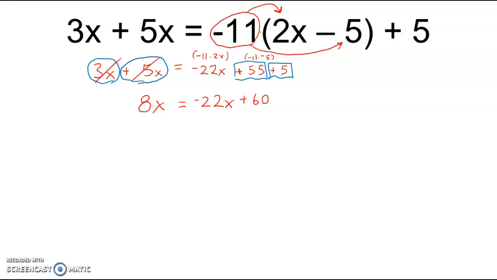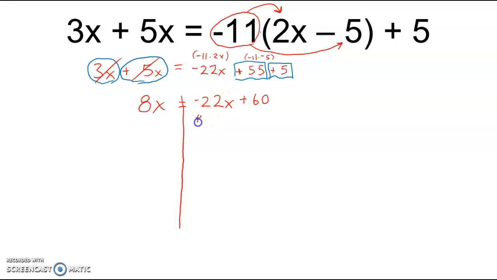We still need to try to get the x's on one side. We have 8x over here, and we have a negative 22x over here. I like to keep my x's positive. So we can do the line of separation. We can separate the two sides, and let's move the x's to one side. We have a negative 22x here.